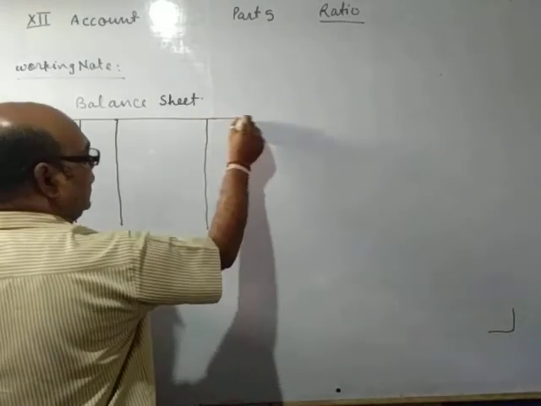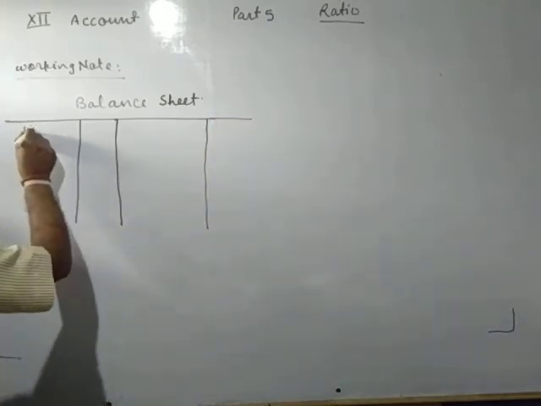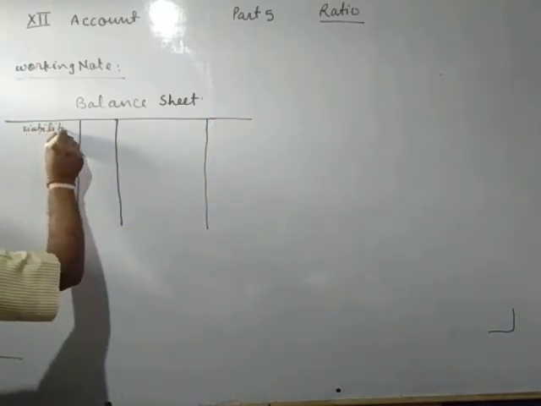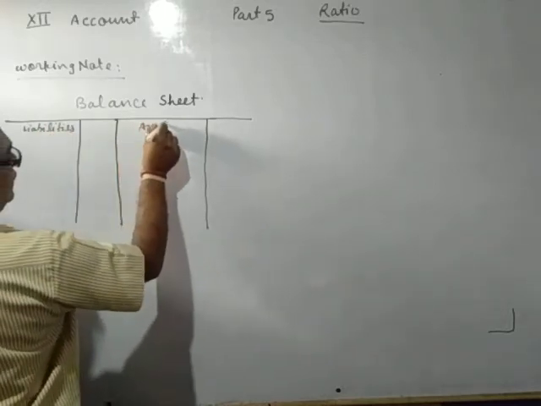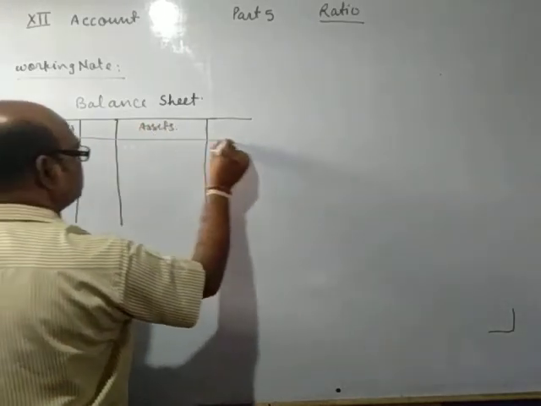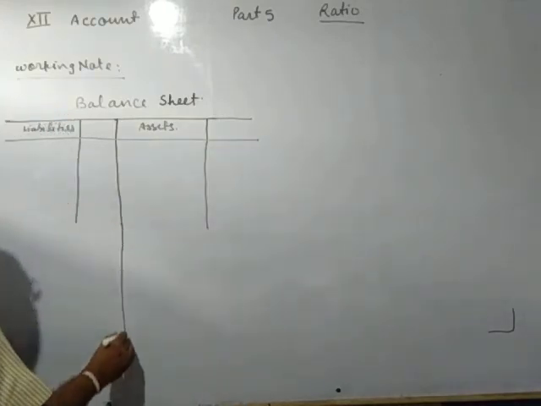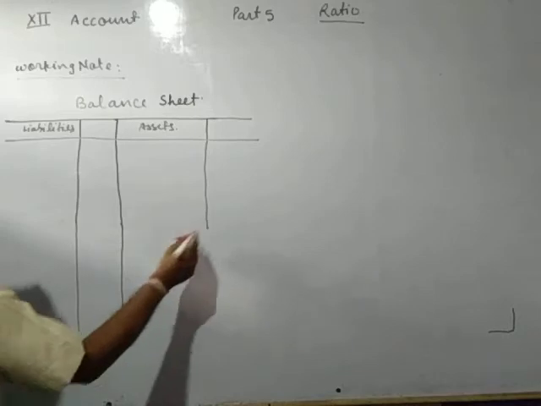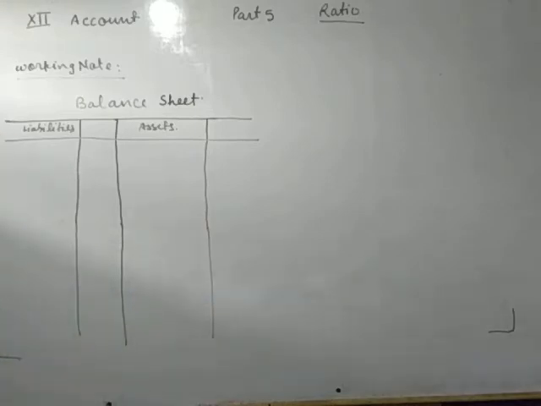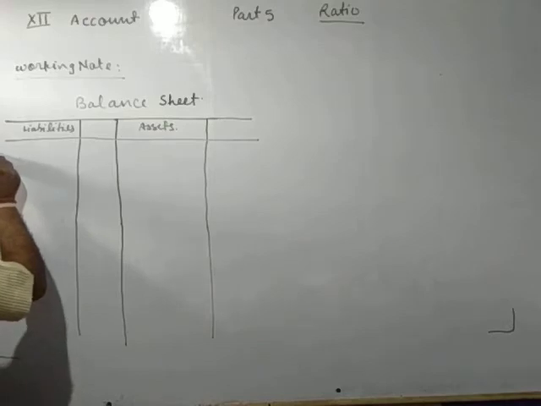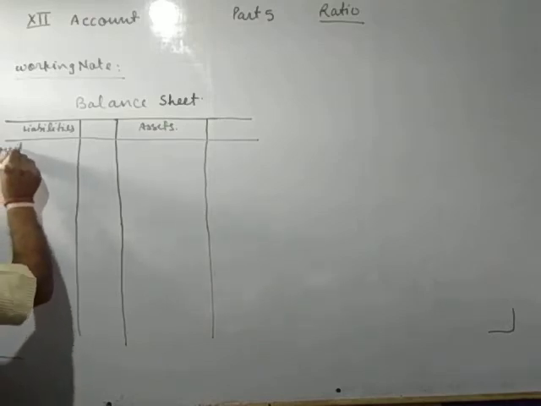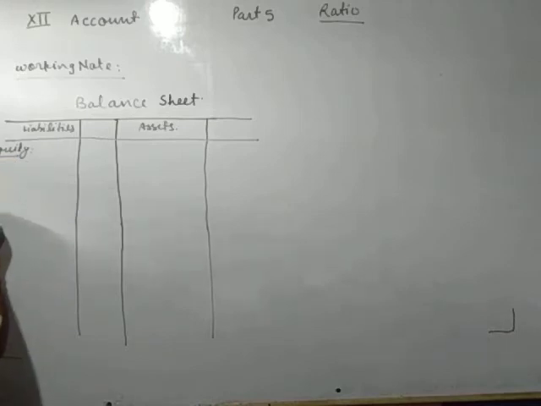You know, on the left hand side are the liabilities, and on the right hand side are the assets. In the liabilities, one heading is equity, second is debt, and third is current liabilities.